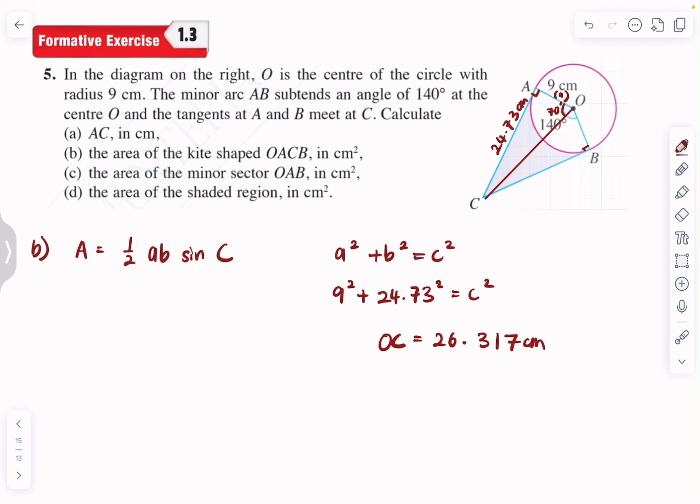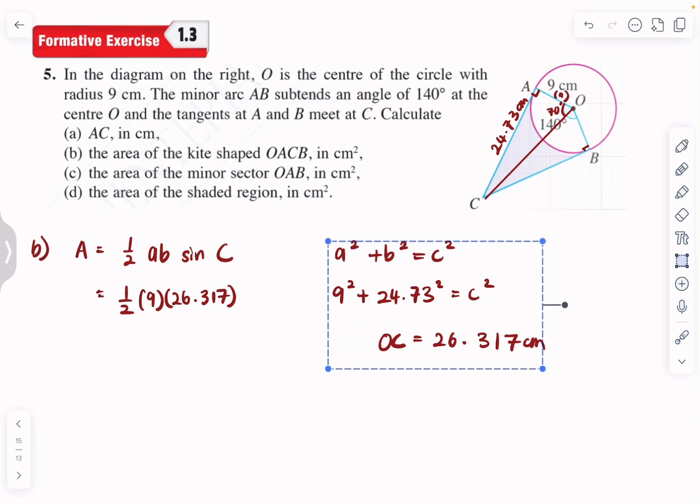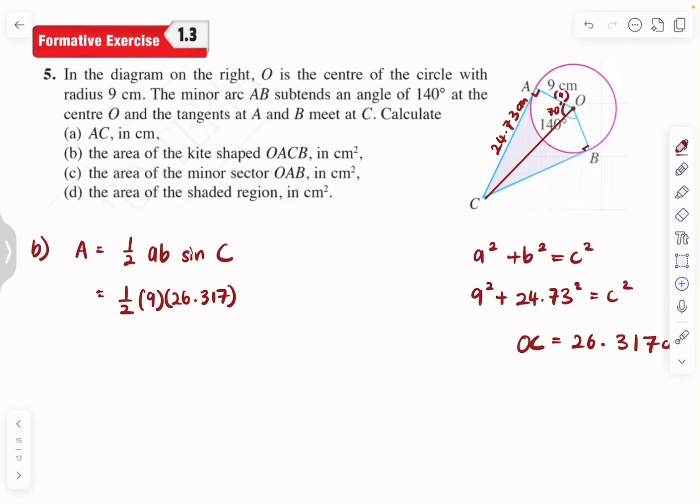Now we can find area of triangle. 1 over 2 AB sine C. So A is 9. B is 26.317 times sine 70. So this is one triangle, right?